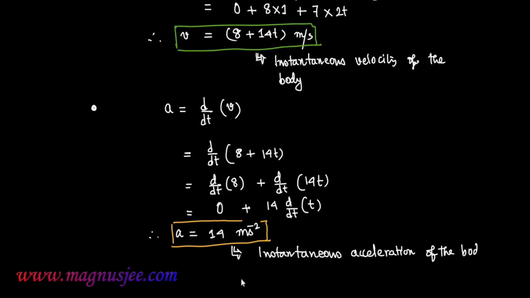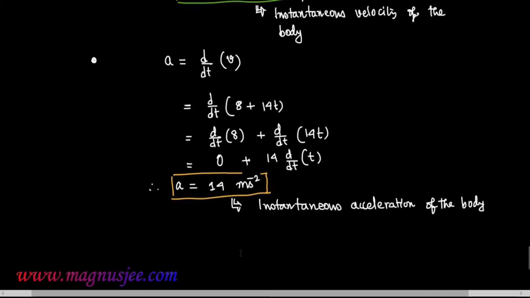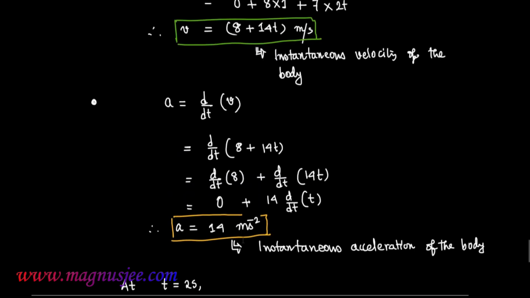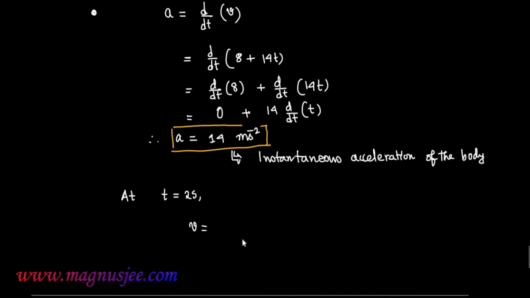Now we have to find the velocity and acceleration at t equal to 2 second. Therefore, here we write at t equal to 2 second. What is the expression of velocity? Velocity had the expression 8 plus 14t.